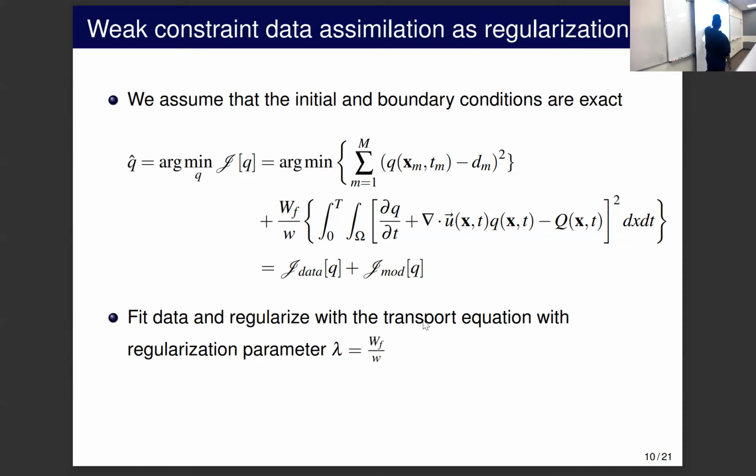We name them differently as J data of Q and J mod of Q. So to do the regularization, we fit the data and then regularize using the transport equation, with the regularization parameter equal to W over W, that is the weight in the model over the weight to the data. Therefore, the main aim is to find this parameter, and if we get this parameter, we can then get the model error variance.